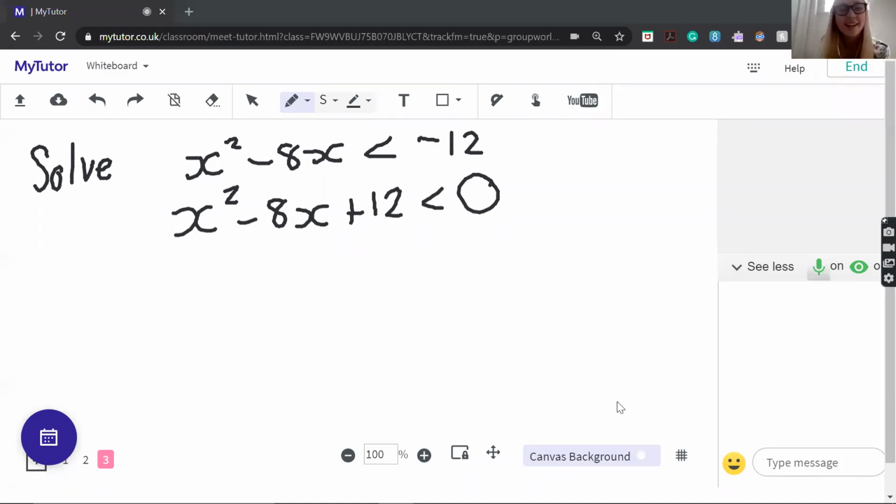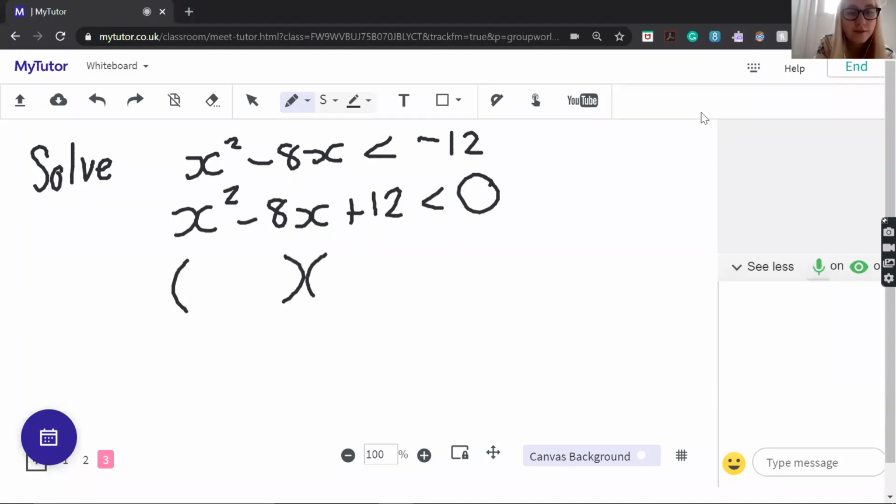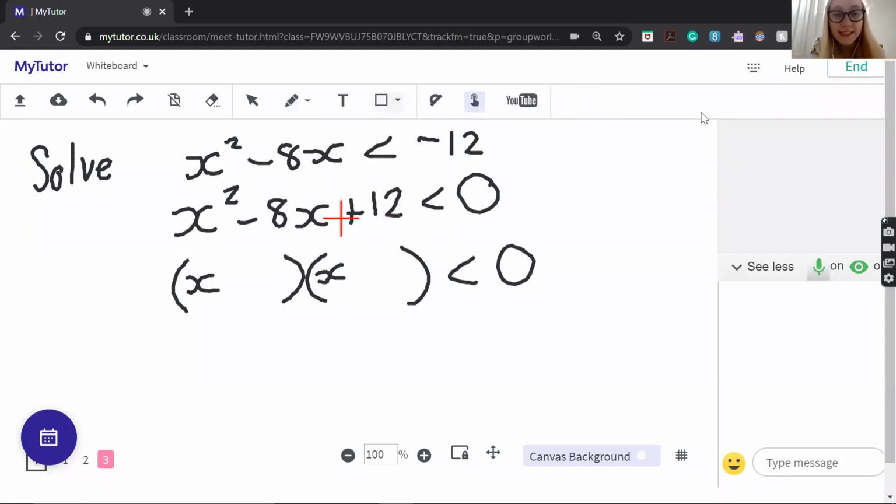So I'll briefly explain how you do this, just because factorising is always quite difficult. This is just the setup. We're going to put x's in here because it's just an x squared. The next thing that I always do is look for the signs rather than the numbers first. This is added, which means the signs have to be the same. It's either going to be plus plus or minus minus, because that's the only way that we can make a positive 12, by multiplying two positives or two negatives.